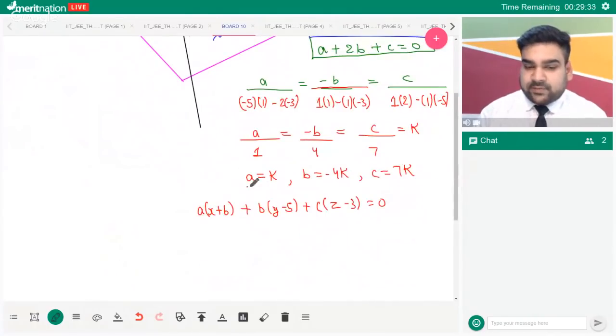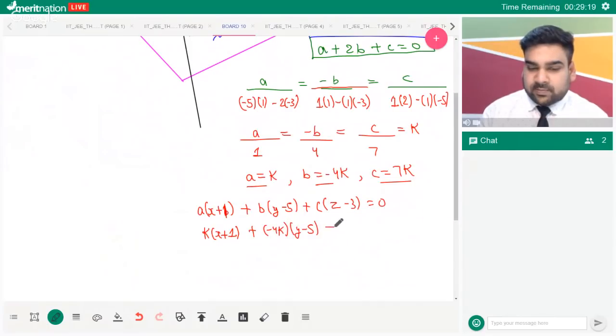We got the values of A, B, and C in terms of k. So k times x plus 1, plus minus 4k times y minus 5 plus 7k times z minus 3, that's equal to 0.